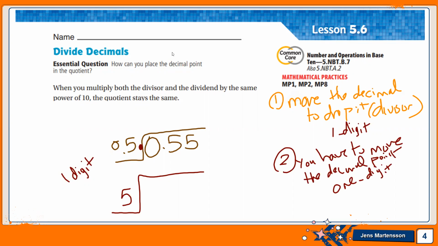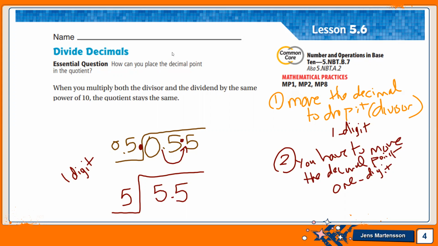Why 1 digit? Because since you moved the divisor 1 digit, you will move the dividend 1 digit. If you move the divisor 2 digits, you will move the dividend 2 digits. So here, you will move it only 1 digit. So the decimal point will be here. So it will be 5.5 divided by 5. This is how to divide decimal by decimal.